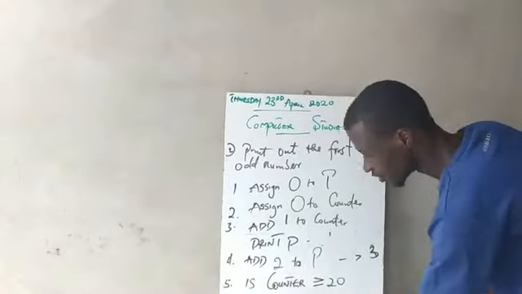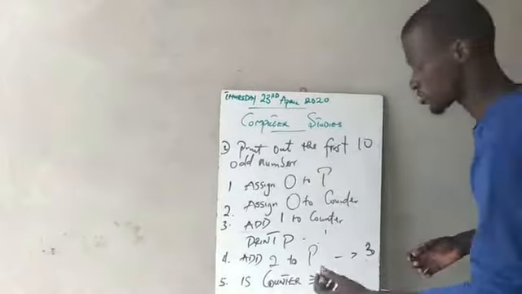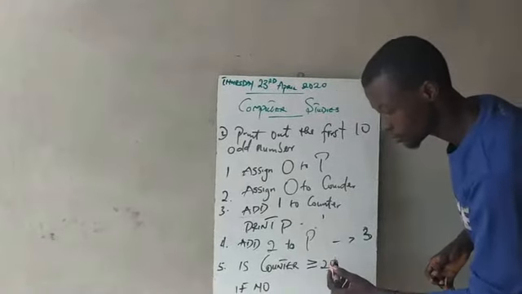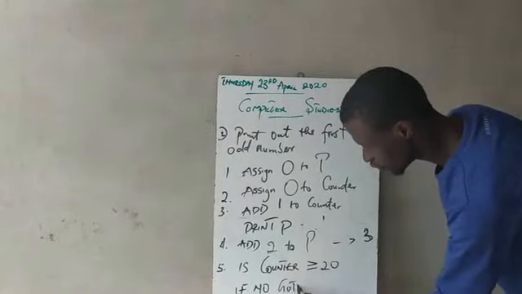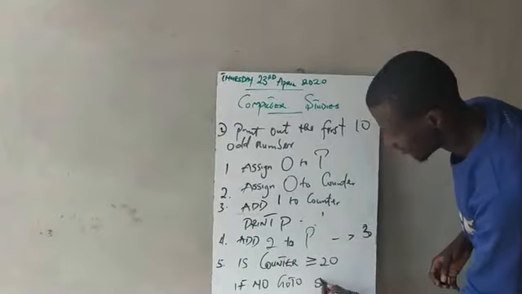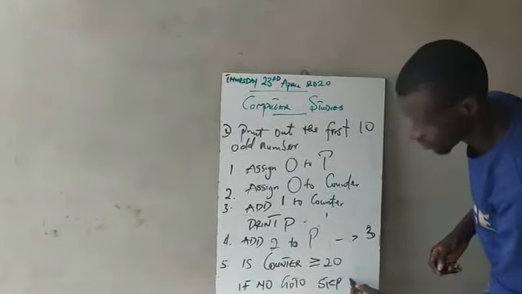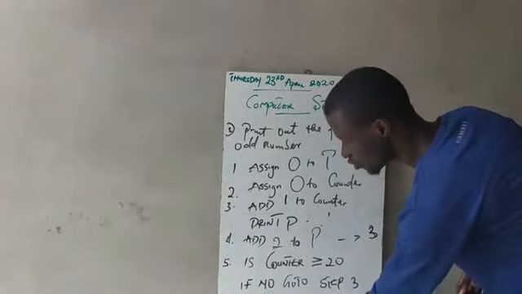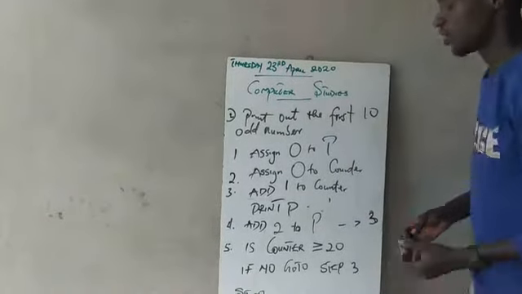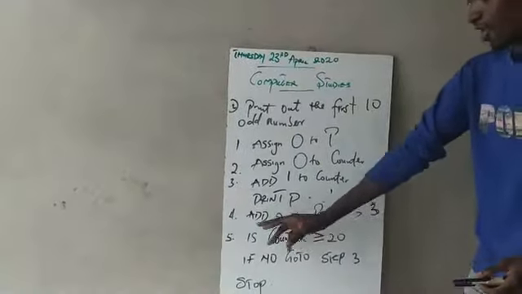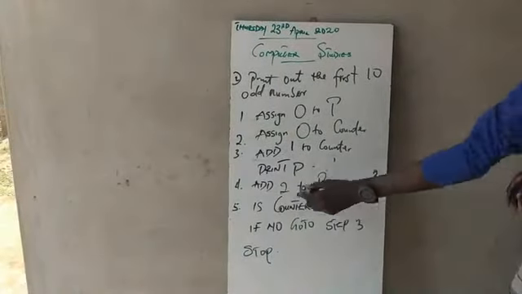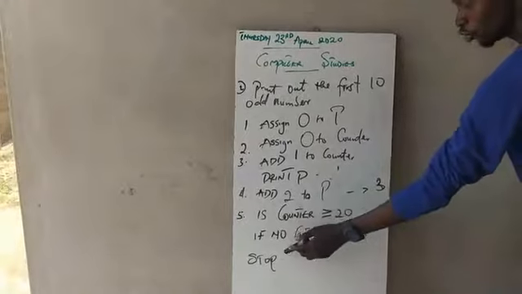If no, go to step 3. Then you do what? You stop your program. Let me quickly explain this slide for you. Add 2 to counter. If no, go to step 3.